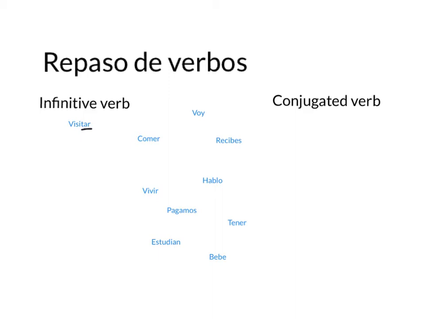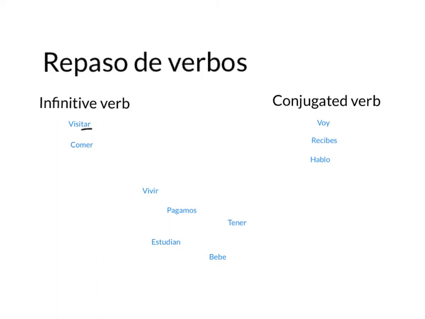Okay? So now let's look at the rest of our verbs in the middle here in blue and see where they belong. Here we have the word voy. Voy is a conjugated verb. Its original form is ir. It means I go. Comer, to eat, is an infinitive. Recibes, conjugated verb, you receive.